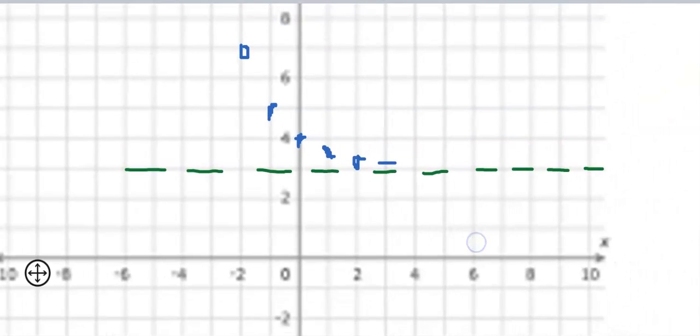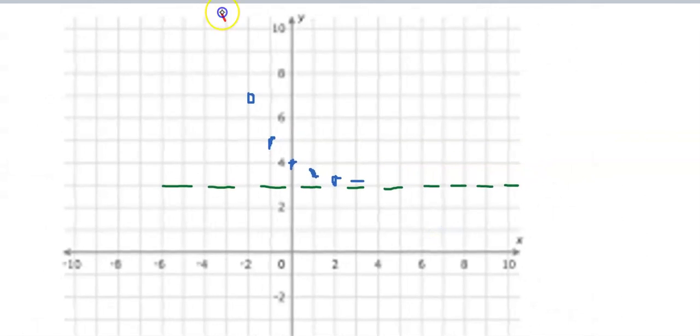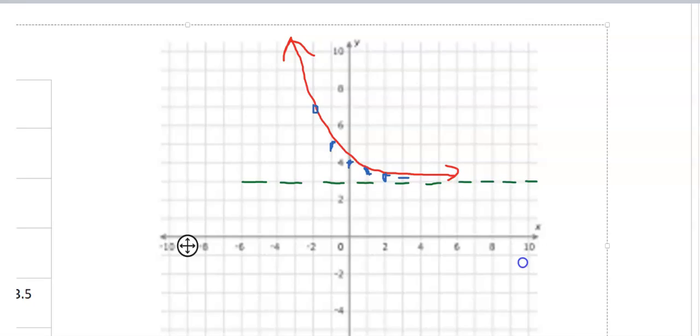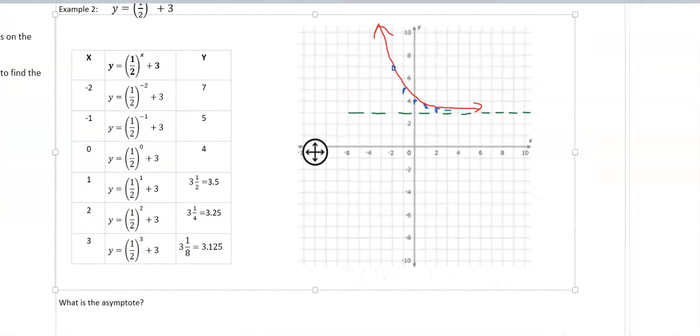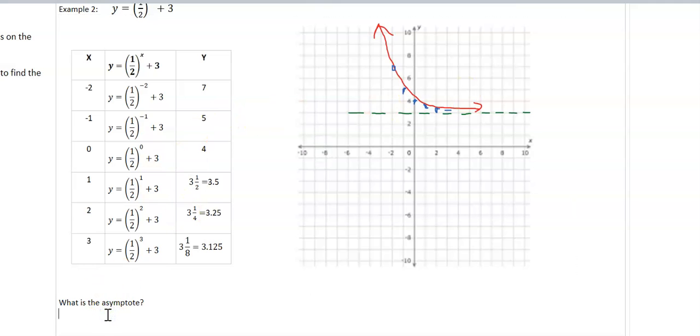So if I draw my dotted line so that we can see it better, and then connect my points, you can see I keep getting closer and closer to y is equal to 3, but I'm not going to touch it. So in this case, our asymptote is at positive 3.